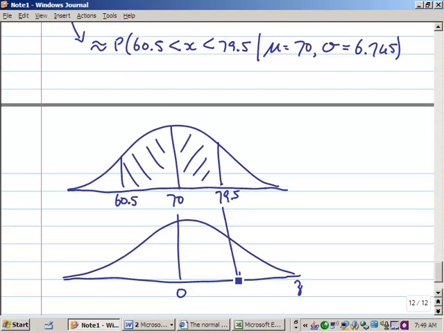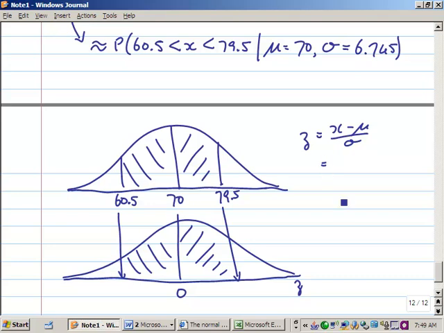Alright, so on the z distribution, we're going to calculate those z values and then look the values up in the tables and add them together. So z values, x minus mu on sigma, the lower limit first: 60.5 minus 70 is approximately negative 10, divided by 6.745.